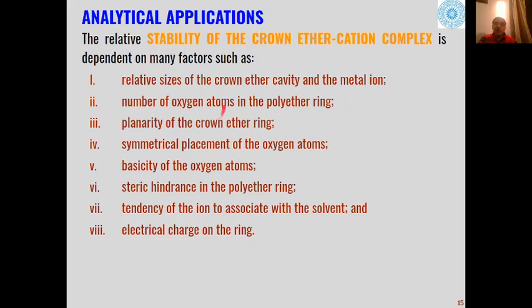Then the planarity of the crown ether ring with respect to the cation, and whether the placement of the oxygen atoms is symmetrical or unsymmetrical, will also determine the stability of the complex.